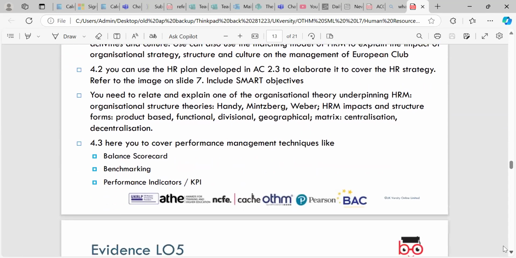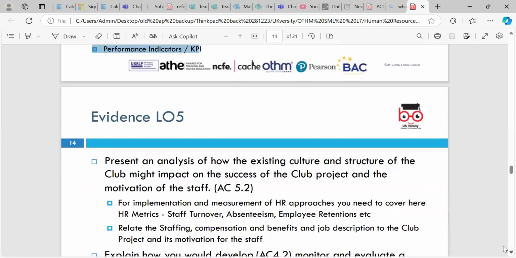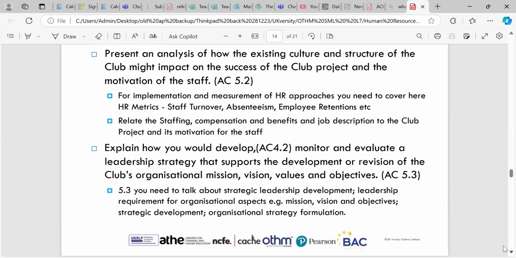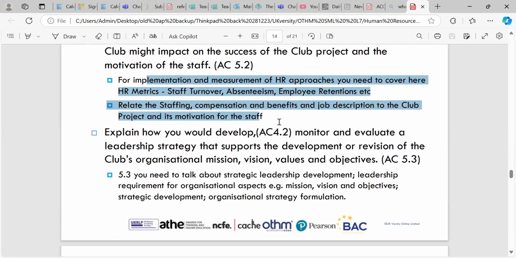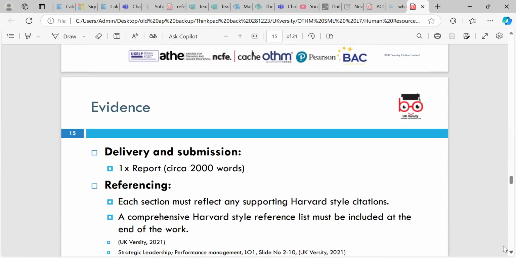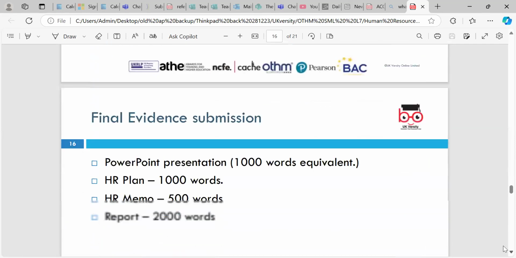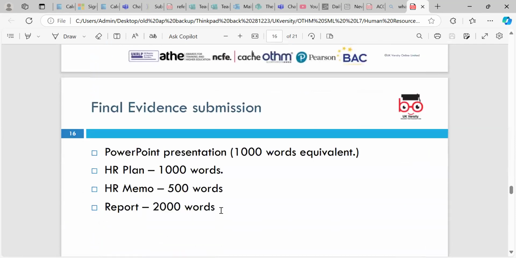Here you can discuss the balanced scorecard, given by Kaplan and Norton, and benchmark KPIs, key performance indicators, which are important in any organization. And for evidence, please look at performance, structure, turnover, absenteeism, and return per employee. That is the appropriate discussion we had in our lecture slides as well.